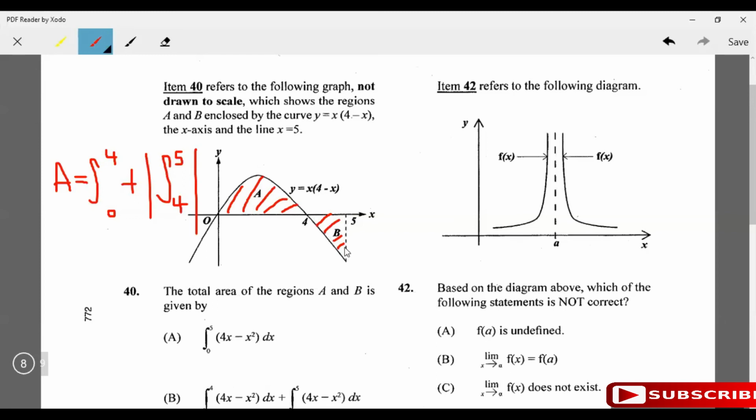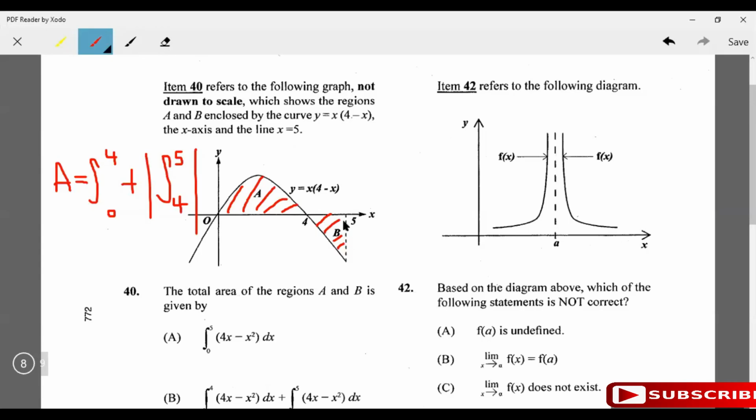Think of this down here as a triangle. A triangle is half the base times the height. Let's say the height right here is 6 and the base is 1. Since it's below the x-axis, the area is half of 6 times 1, which is 3.